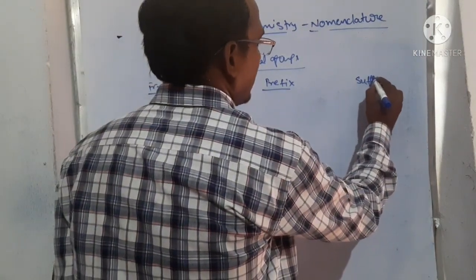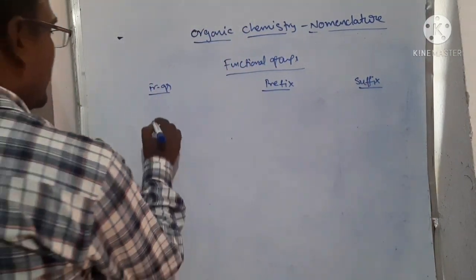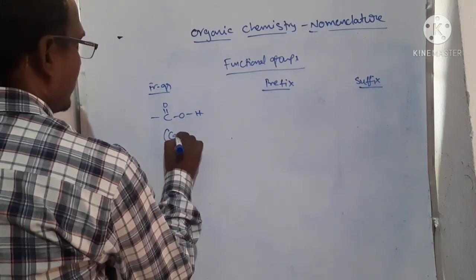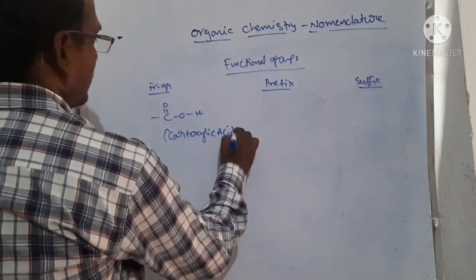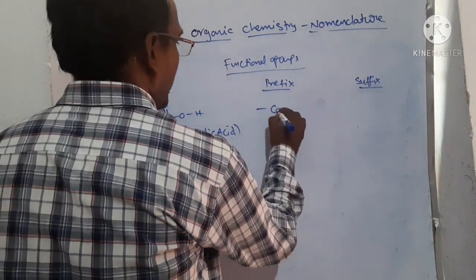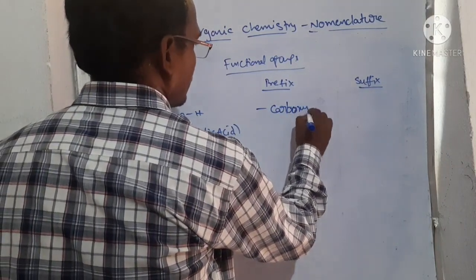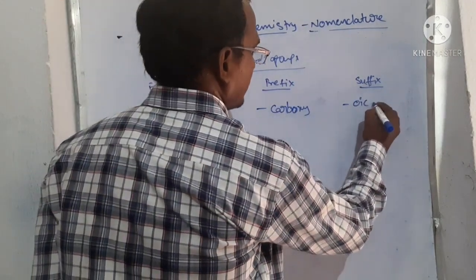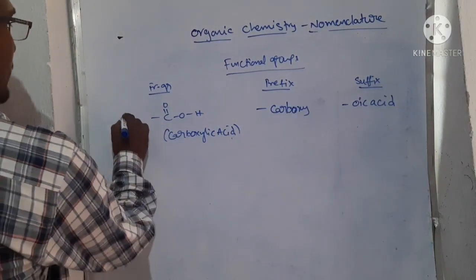If it is present as a prefix, we call it carboxy. If it is present as a suffix, we call it oic acid. This is the first priority, right?